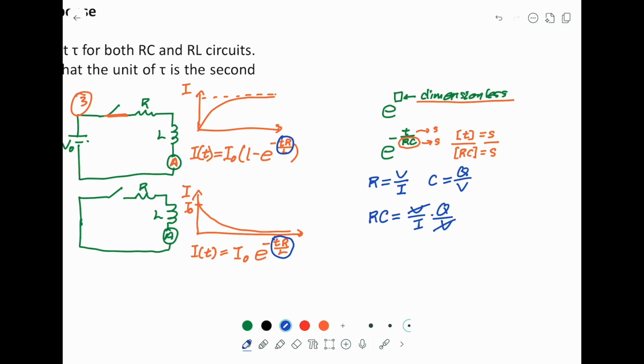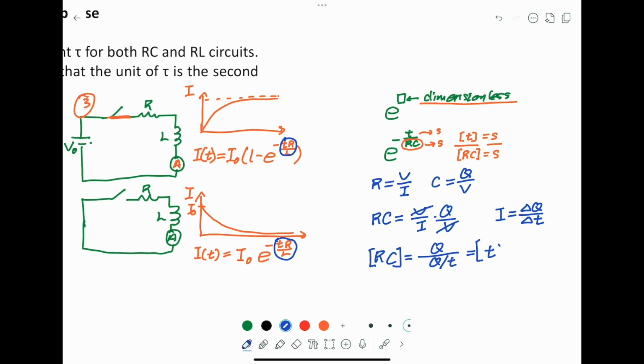But now think about what I is. I is current, so it is delta Q over delta t. So RC becomes Q over Q over t, which is t. So the unit of RC is the unit of t, seconds.